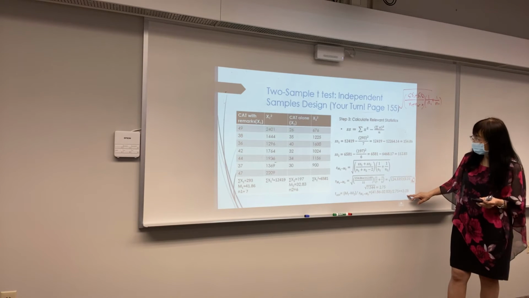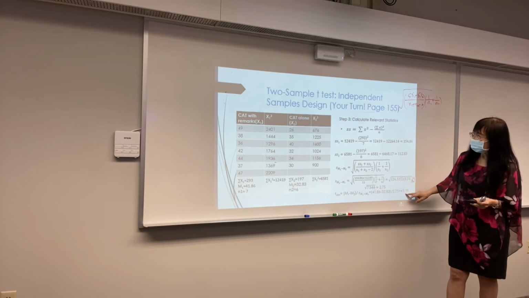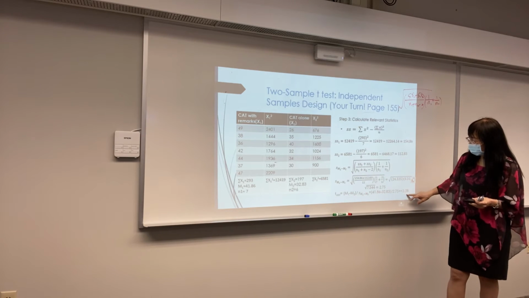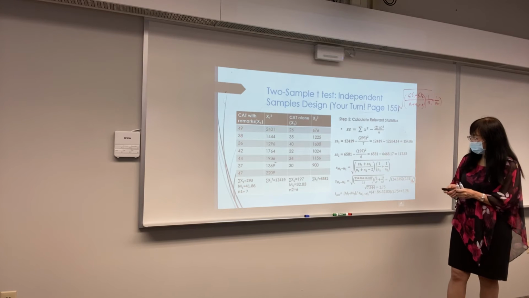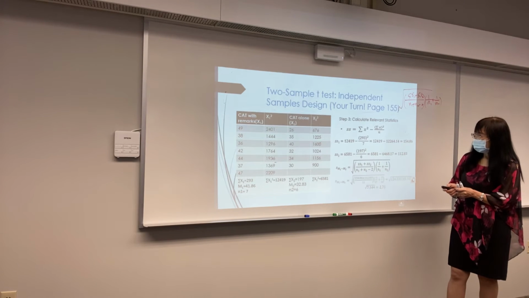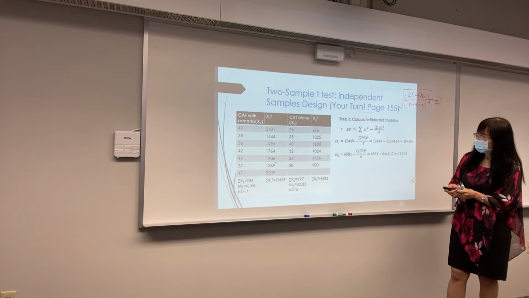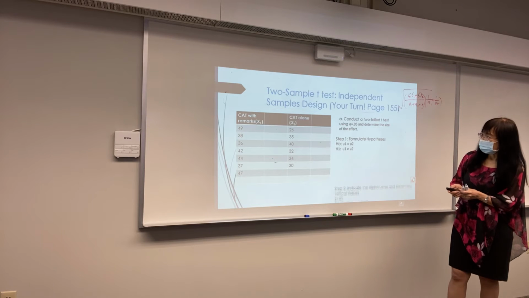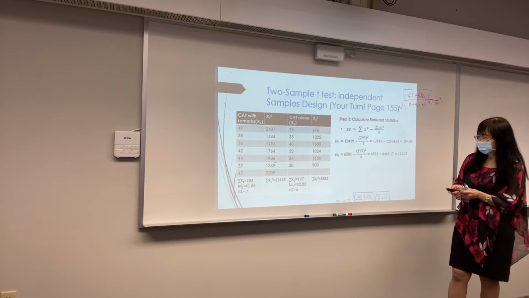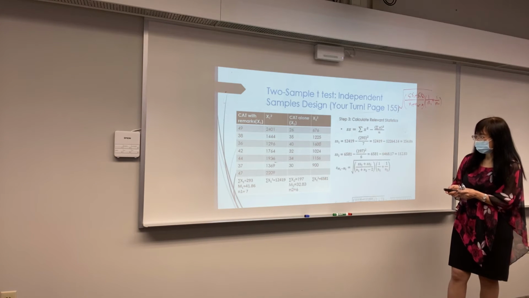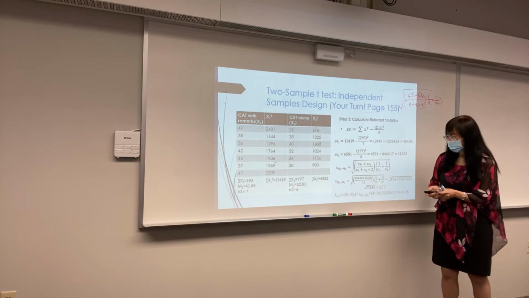So if you do the decision, 3.28, what's our critical value? I think it's positive and negative 2.201. So is it good news, bad news? I think it's good news.